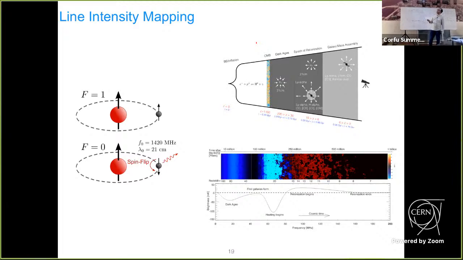Also, we can describe the structure distribution by tracing the emission from the 21 centimeter line. At higher redshifts, we cannot resolve individual galaxies, but what we can do is get a map of the emission from different patches of the sky with lower angular resolution. We can basically do low resolution maps of the distribution of structure up to the epoch of reionization.